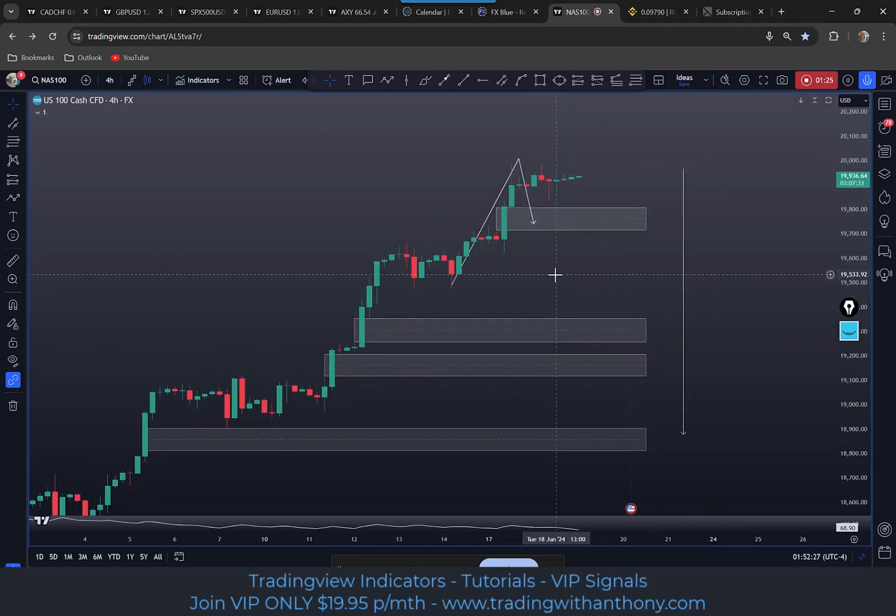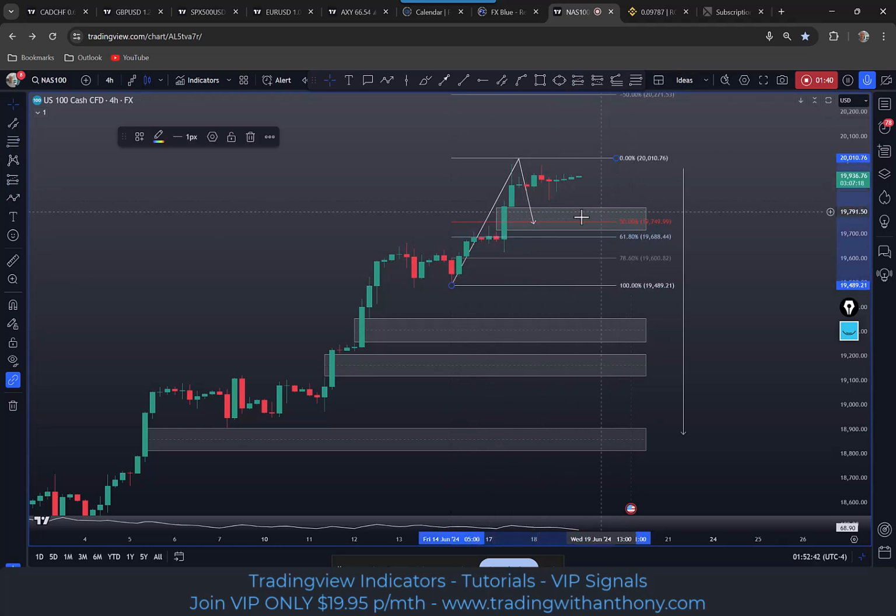So understand the risk. I'm going to go in conservatively, keep your risk conservative, consistent. And if you're going to speculate, then we'll grab a Fibonacci, swing low, swing high. I want to get in around 50 to 61.8% on the fib. That coincides really well with this bullish imbalance right there.